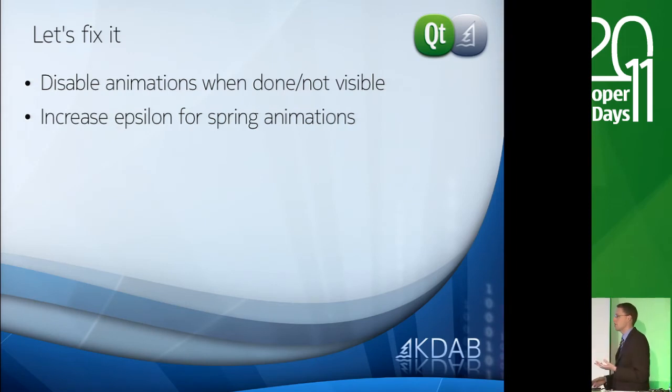You didn't even look at the implementation. So it's not visible anymore, but the animation is still running in the background. And that's actually a very common mistake. So when you implement something like that, always make sure you disable the animation when it's not visible. Easiest way is just to bind to the visible property of whatever you are animating to solve this.